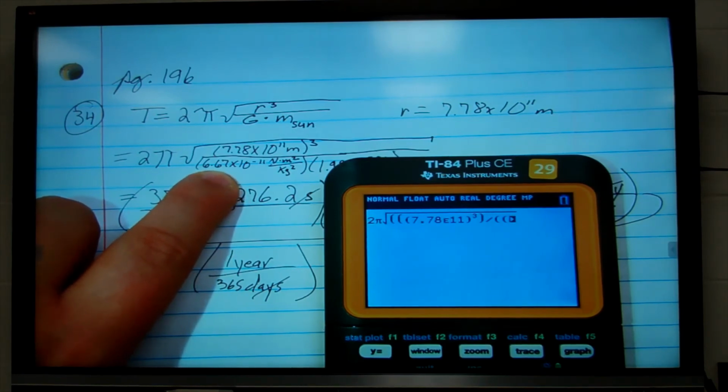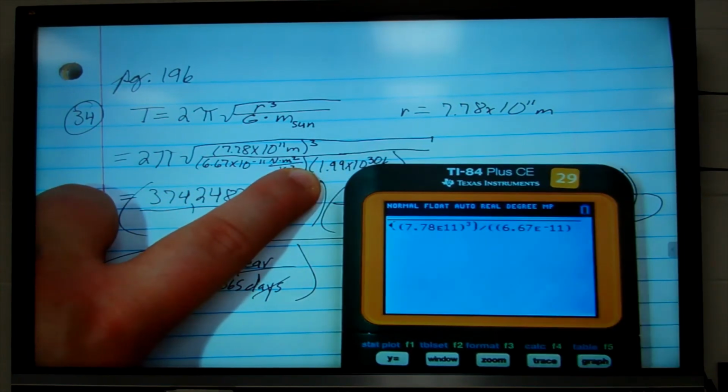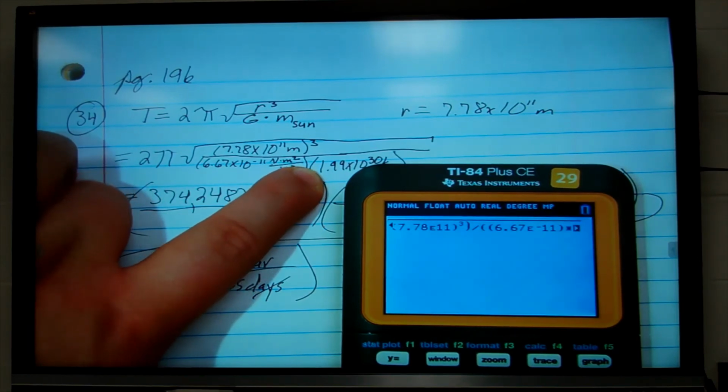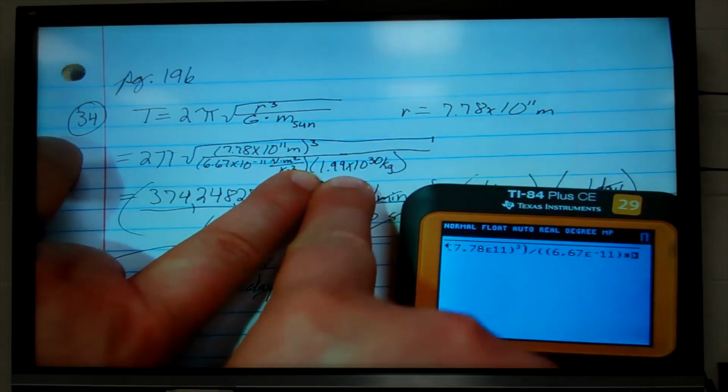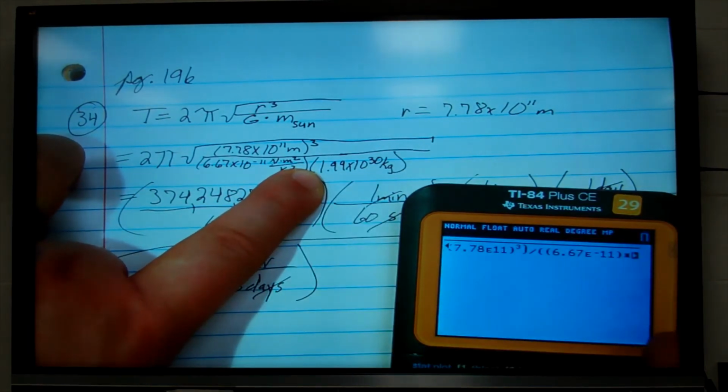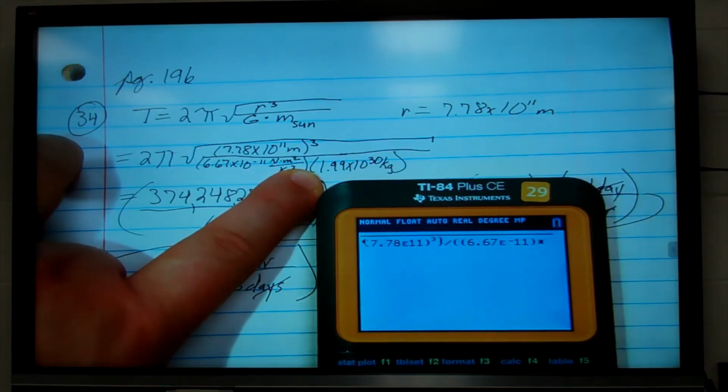Then I type this exponential value in. It's 6.67 times 10 to the negative 11. I close the parentheses. That's closing that number. Then it's being multiplied, so times. I have another exponential number. So, therefore, we're going to use another parentheses.